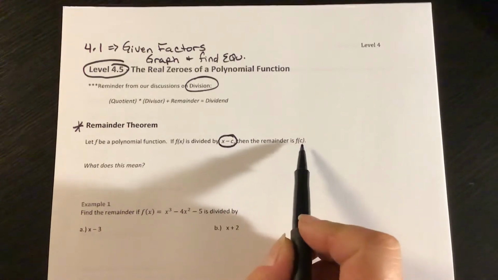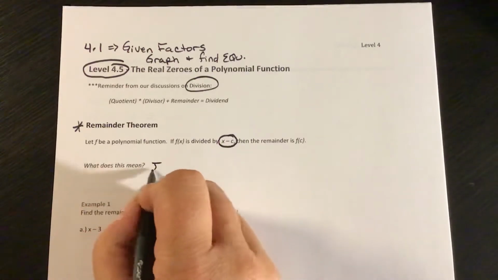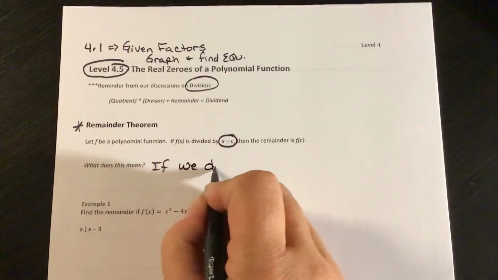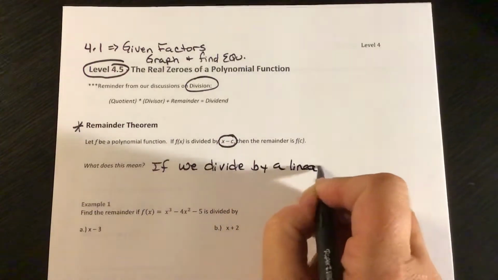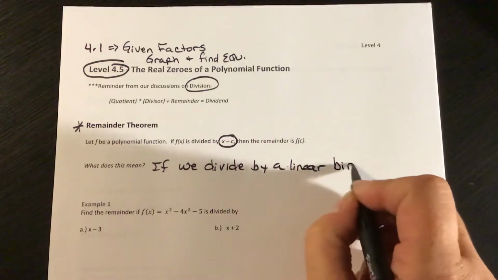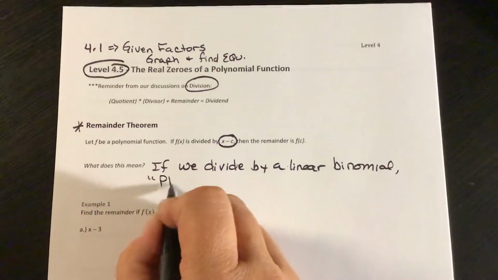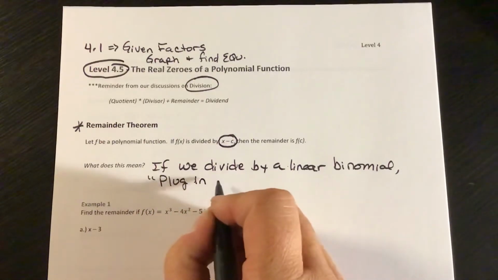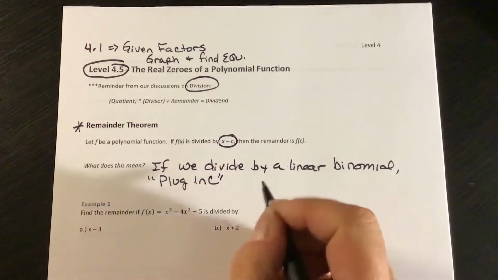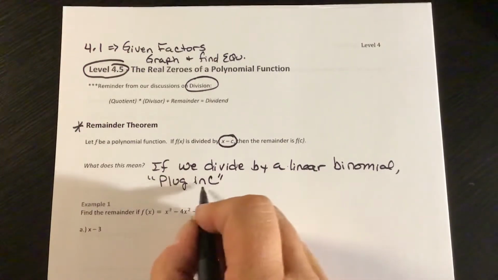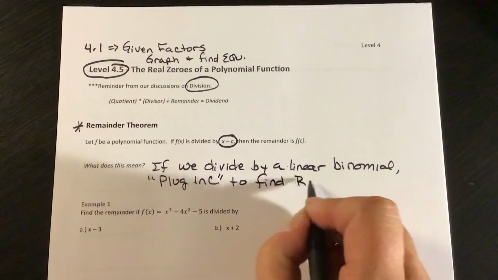All right, so what that means is if we divide by a linear binomial, which means to plug in c to find the remainder. Plug in c to find the remainder.